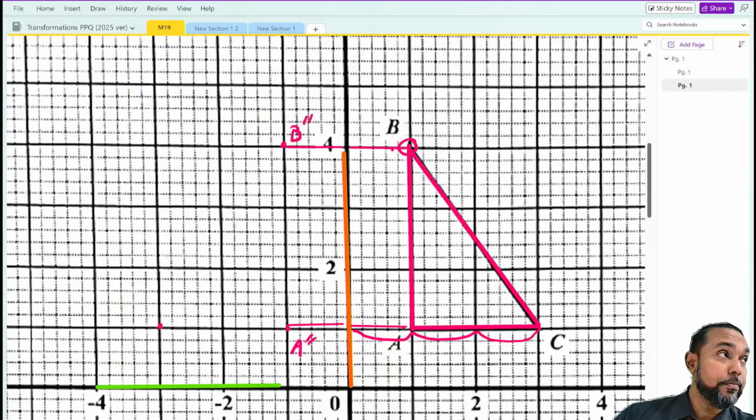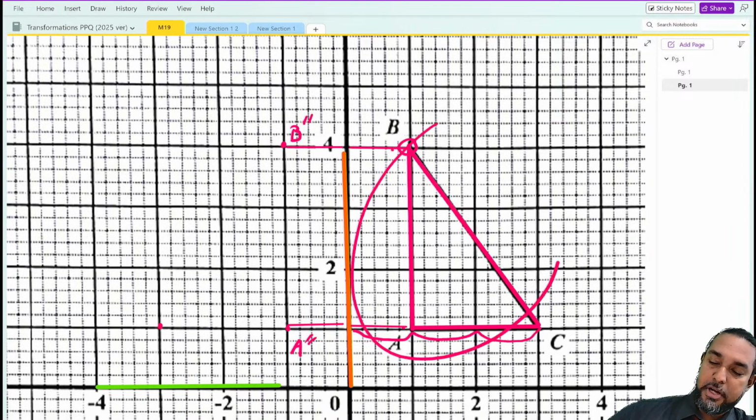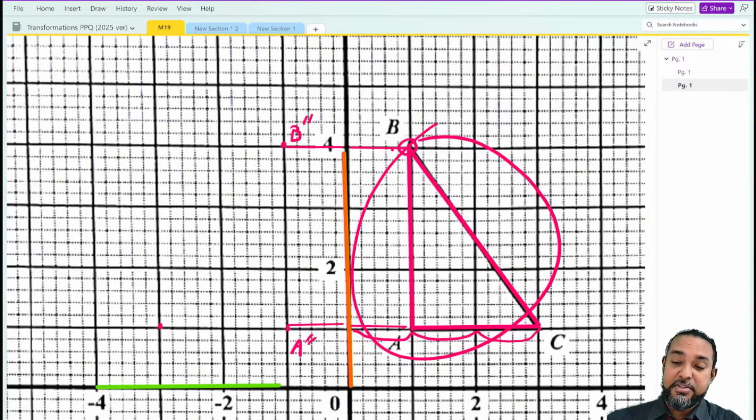Now, the thing is, you don't actually have to reflect every single one of them using that same method. If you reflect 1 or 2, you could basically use reference to get the reflection. What I mean by that is, we know that if we reflect this shape, it's going to look like this, and the distance of each vertex from each other will be the same because it's a reflection.